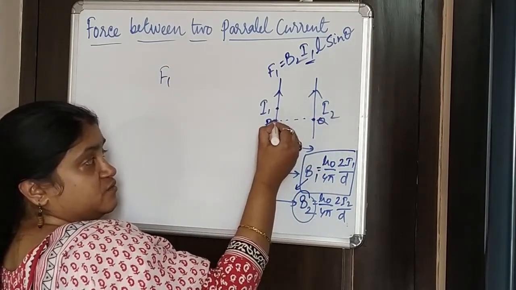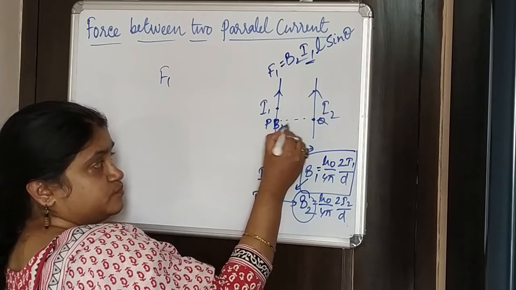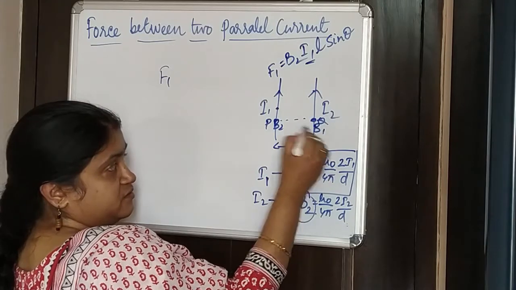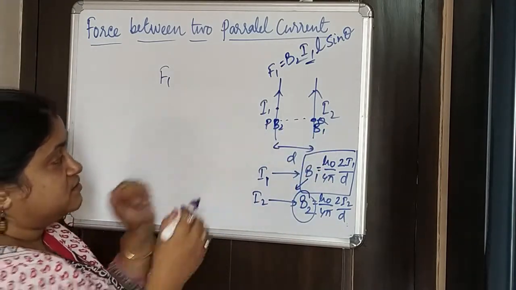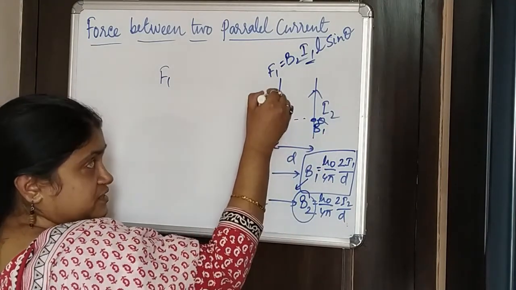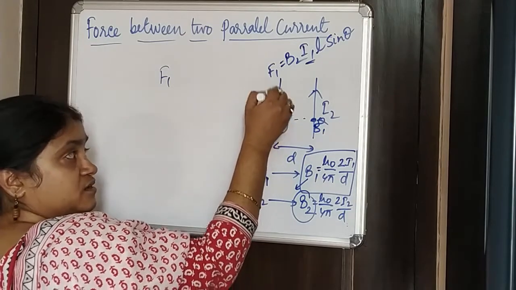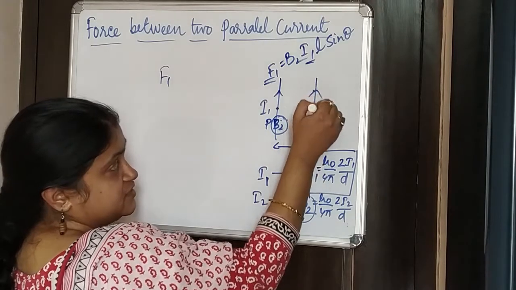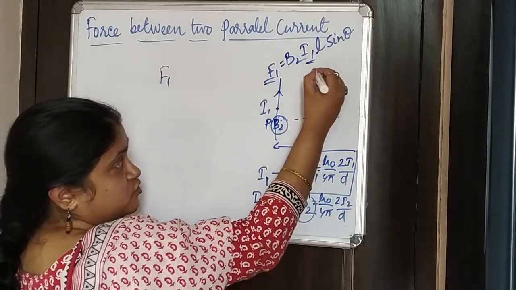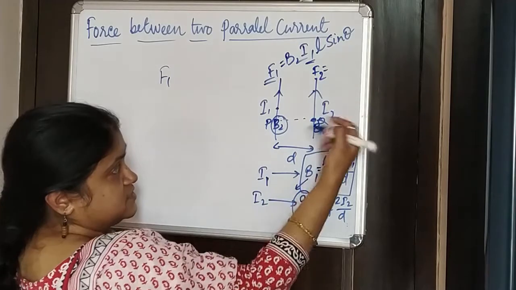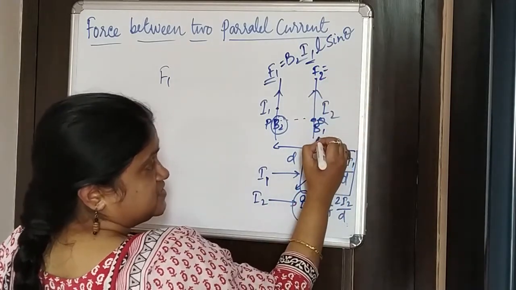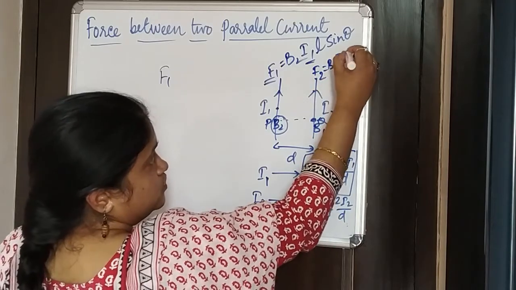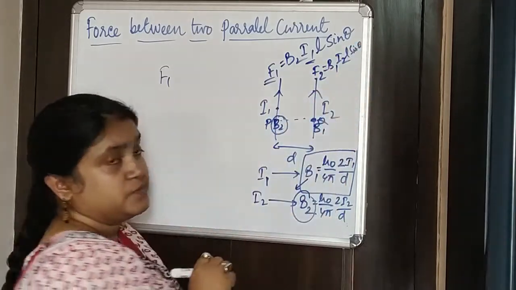This current produces a magnetic field B2 on this wire, and that one produces a magnetic field B1 on this one. Due to B2 this current feels a force F1, and due to B1 this current feels a force F2, which is B1 I2 L sine theta.